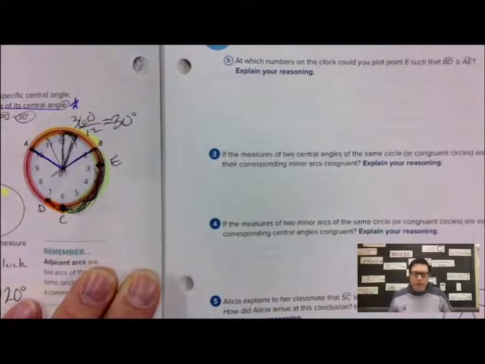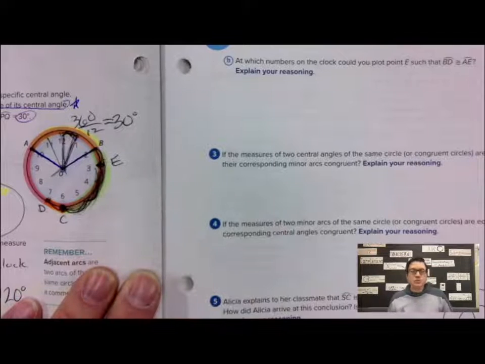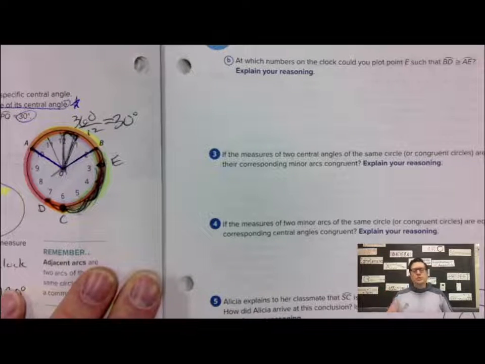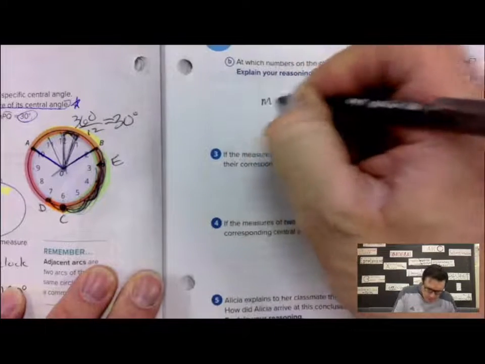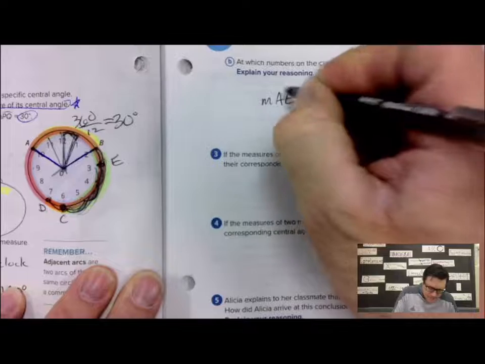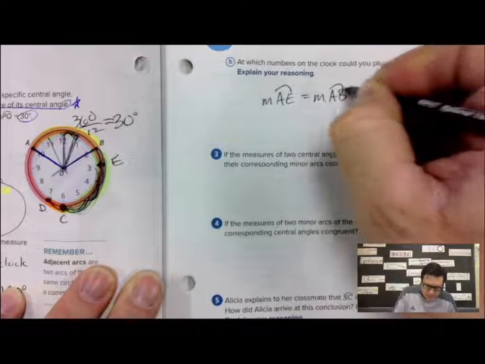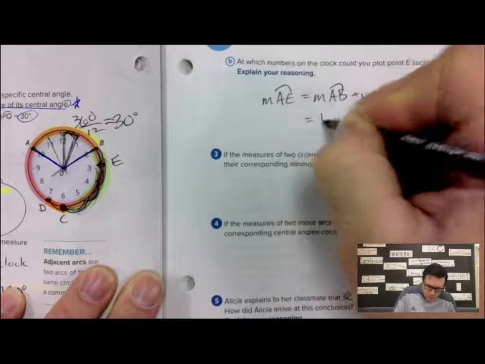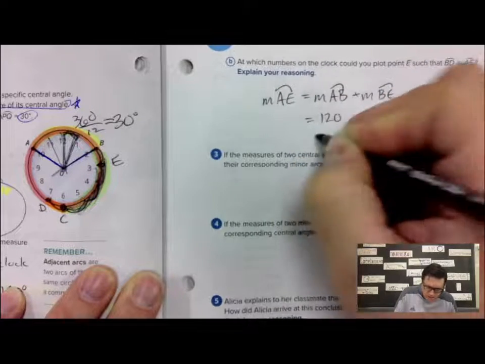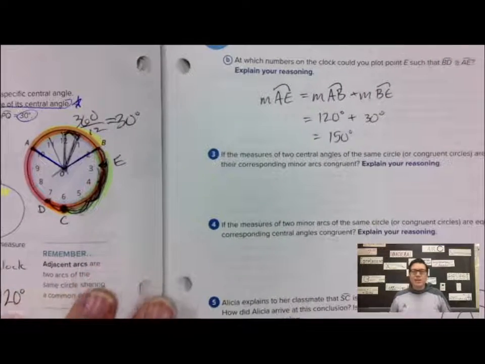Put point E on the 3. Because to go from point A all the way around to point E, you're going to pass through 5 hours, which is also 150 degrees, 30 times 5. The measure of arc AE equals the measure of arc AB plus the measure of arc BE, which is 120 plus 30, which equals 150. That's how I know. I added them up.